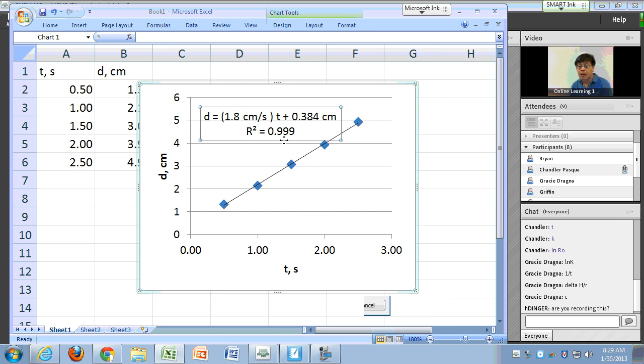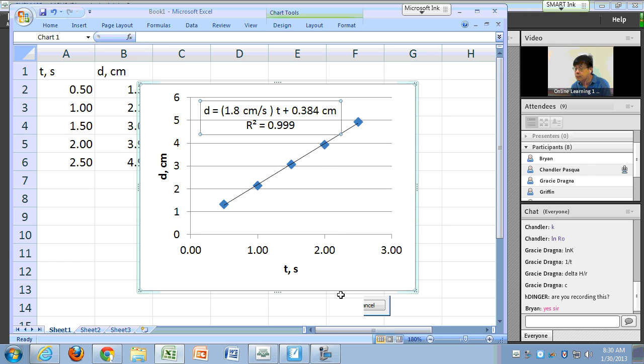Okay, and so we'll pick this up on Friday. We'll do a little bit more. In the meantime, try to recreate this graph. Are we okay on this? Okay.